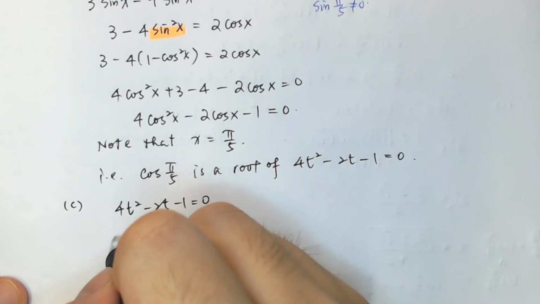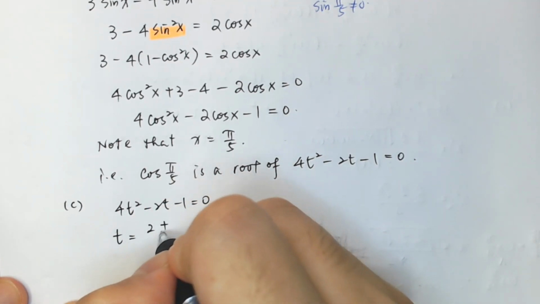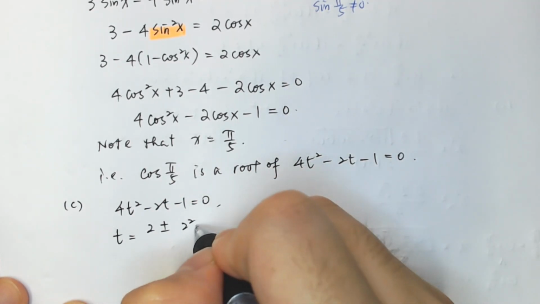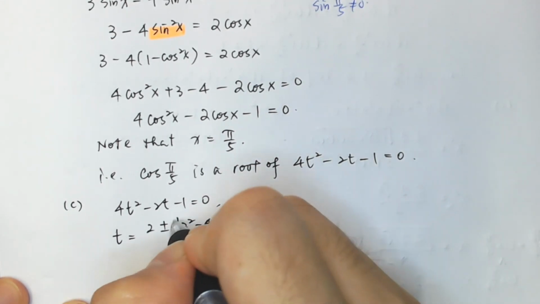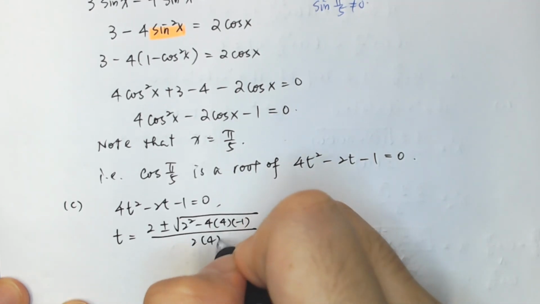We make use of the quadratic formula to get 2 plus or minus square root of 2 squared minus 4 times negative 1, over 2 times 4.